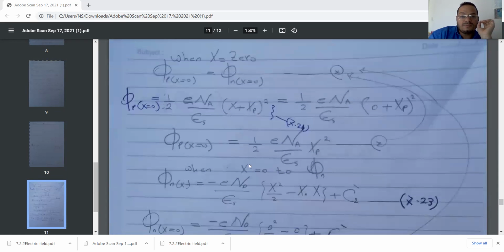That will be the electron acceptor concentration divided by the permittivity, times the width at the P region squared. That means the potential at the N region at x equals 0 equals the same equation, the same elements.